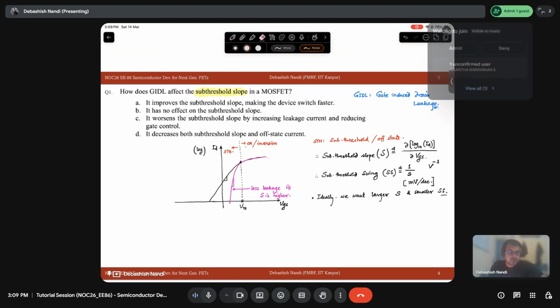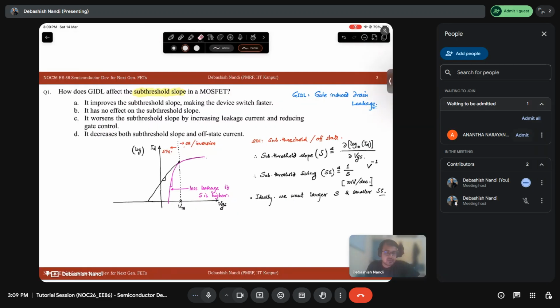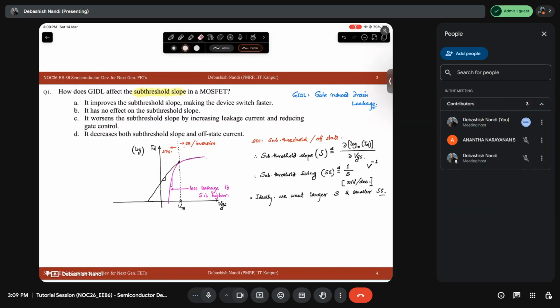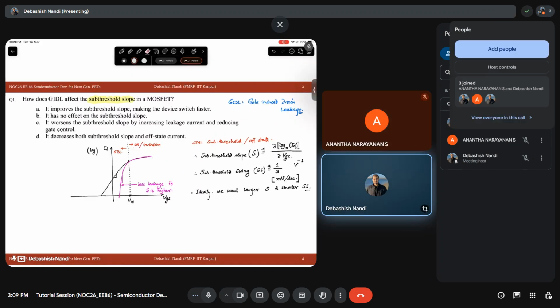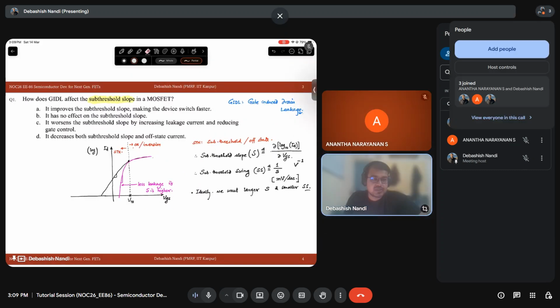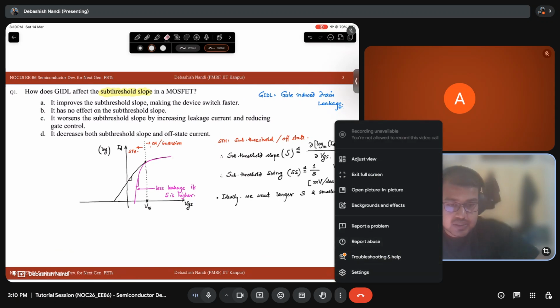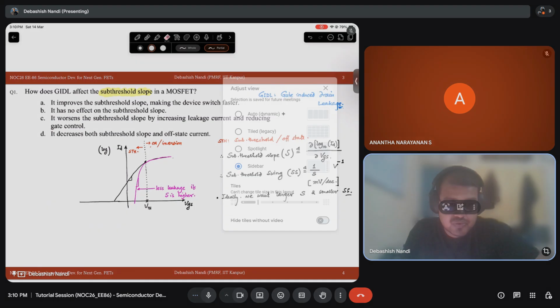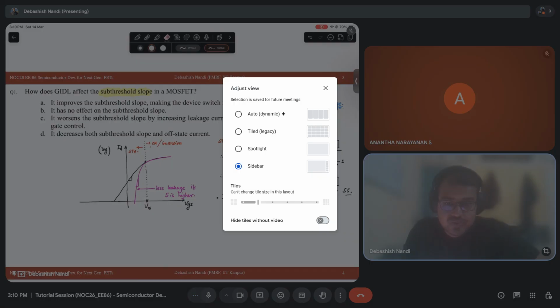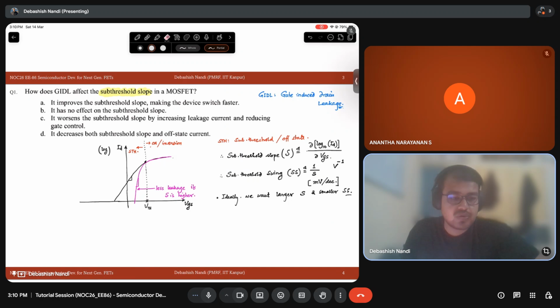Wait a second. So this is so far. Wait a second. How can I change the view?